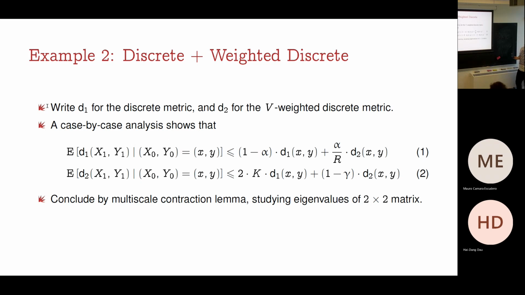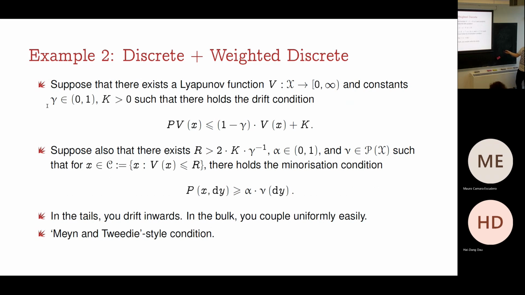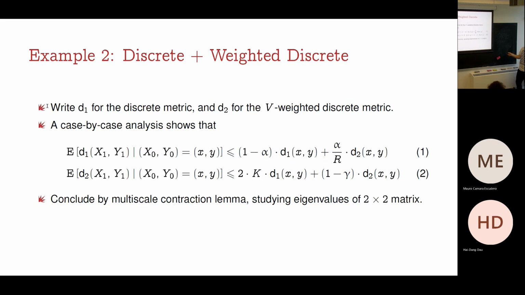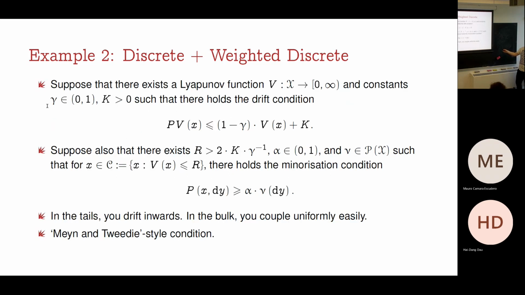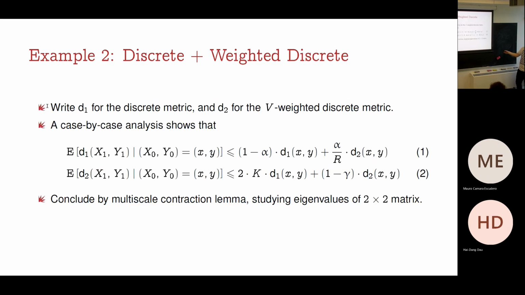Similarly, if we want to look at how the D2 is contracting, so how is the Lyapunov function going down, right? We know that we have this 1 minus gamma from what I've written here. And then you pick up a factor of K for each of the points because of this. Okay, so PV of x plus PV of y is less than the sum of this at x and at y. And so you get dot plus dot.